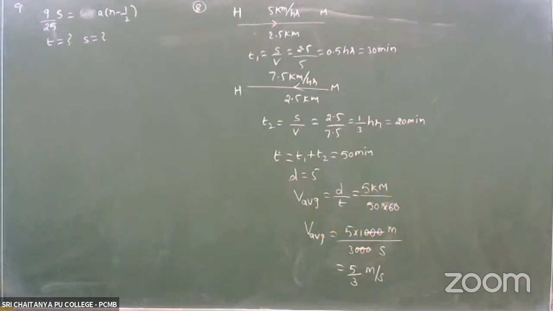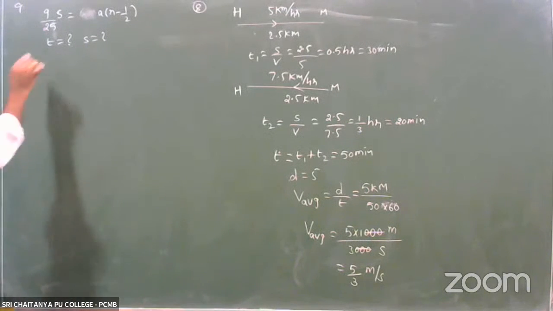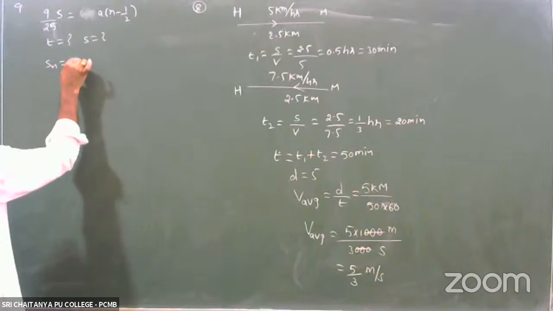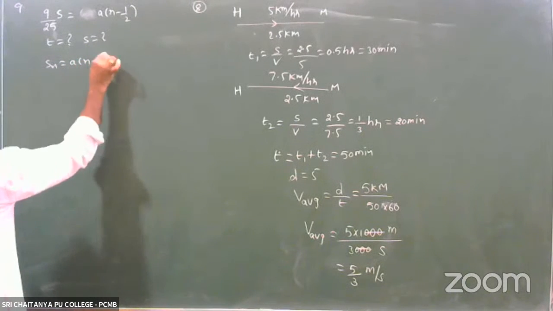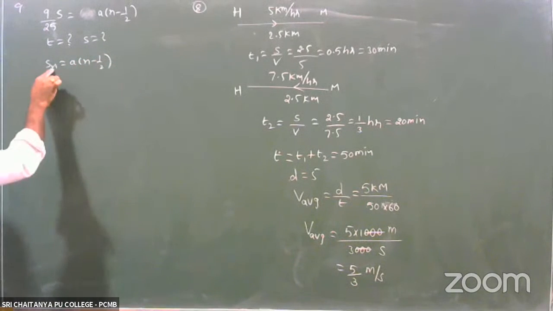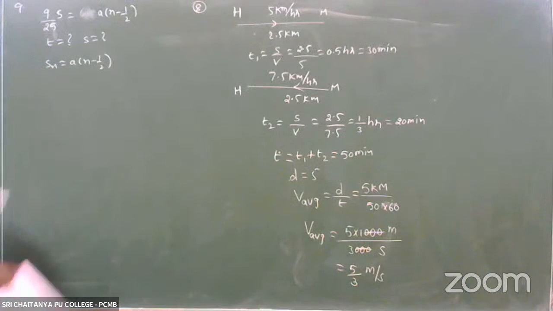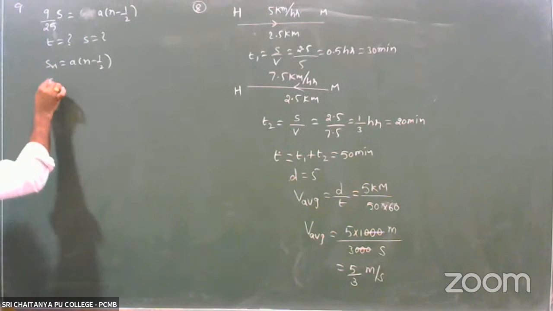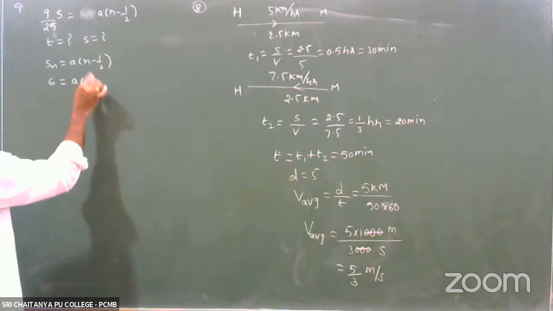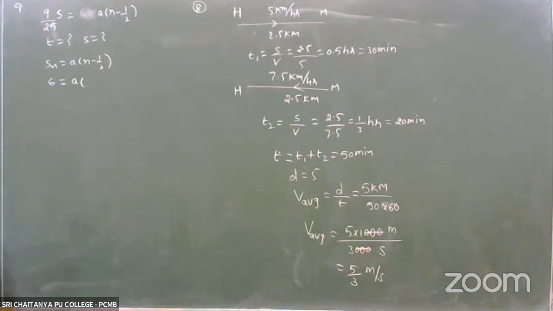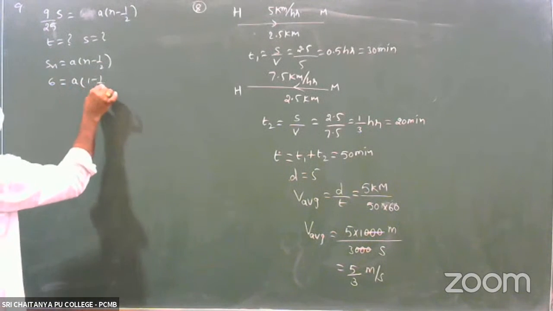Next, if it describes 6 centimeter in the first second, in this case S_n is equal to a into (n minus half), u is 0. Distance traveled in the first second is 6 centimeter, equal to a into (1 minus 1 by 2).